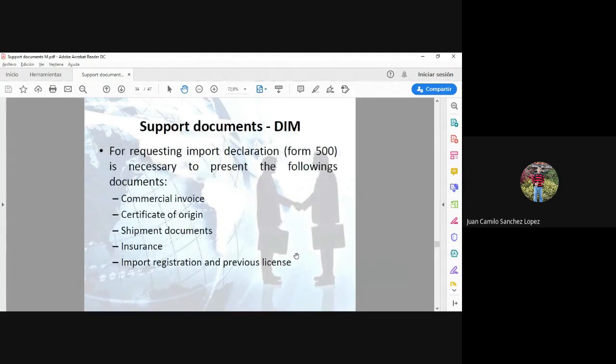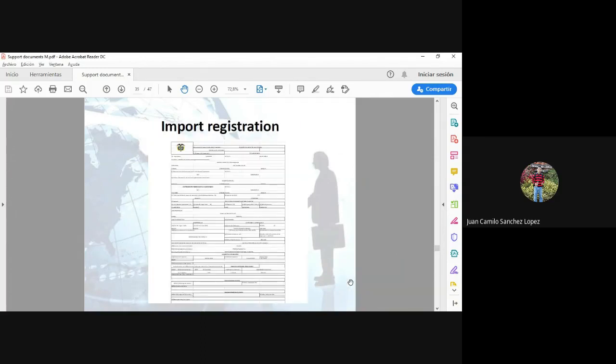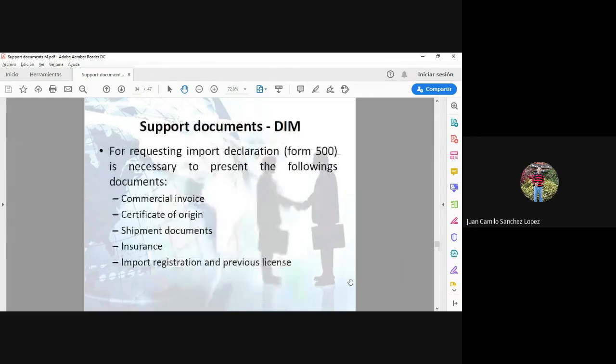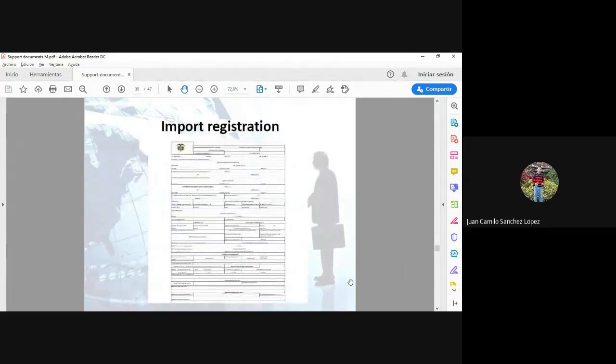Which documents support an import declaration? The commercial invoice that you already know, the certificate of origin, depending on whether there is a free trade agreement to sign it, the shipping documents, the insurance in some cases, and the import registration and previous license. What is that? The import registration, that is the first one. All people have to get the import registration.